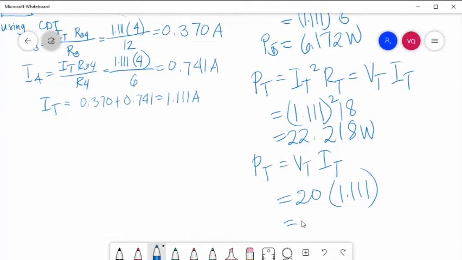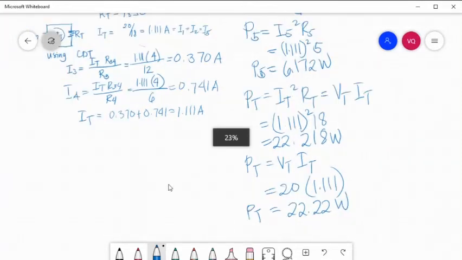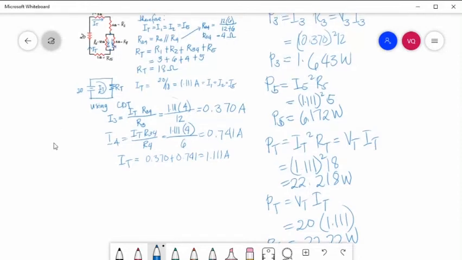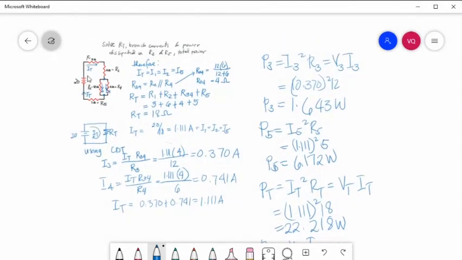So, equal to 22.22 watts. So, small discrepancy lang. Okay? So, you can try this one. You can simulate this one in electronic workbench. Pagpraktisan nyo.